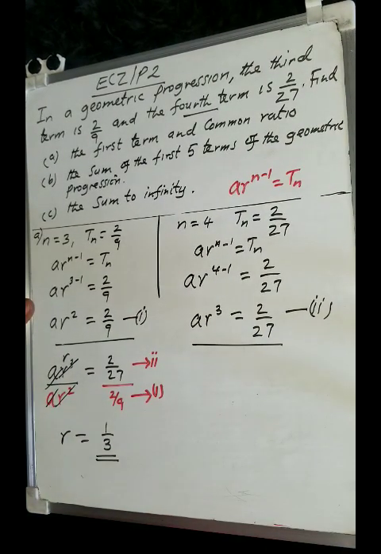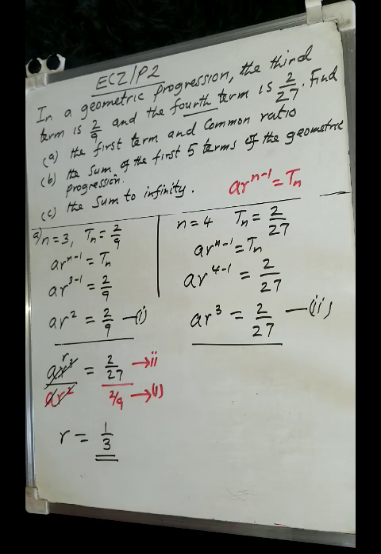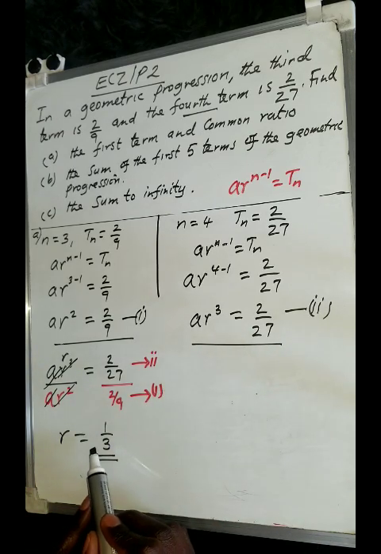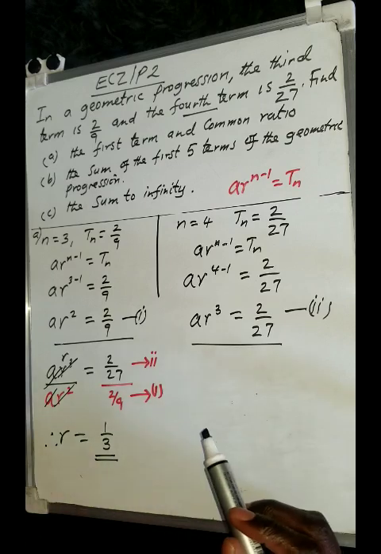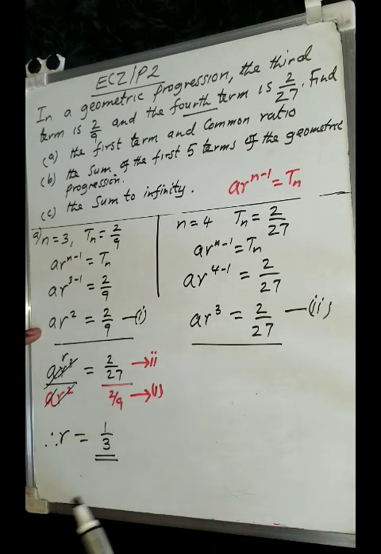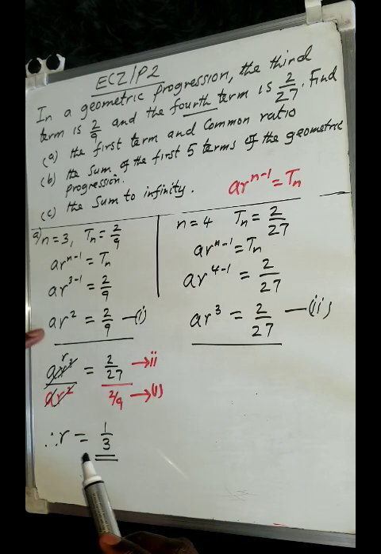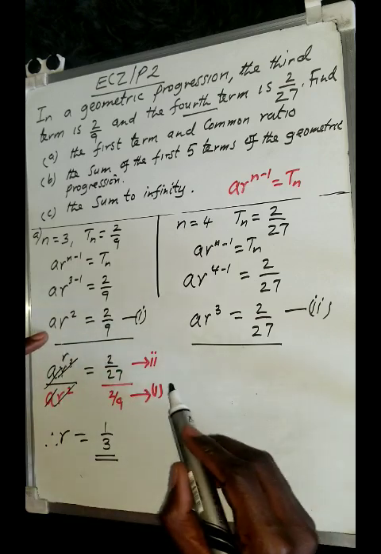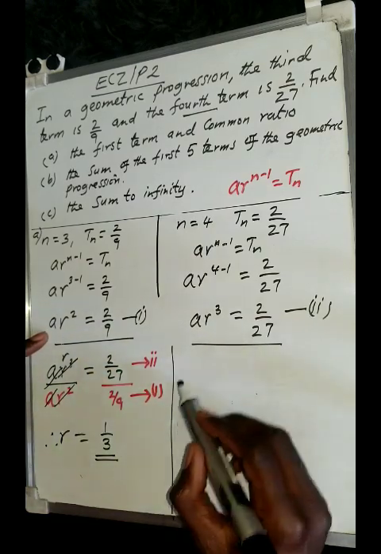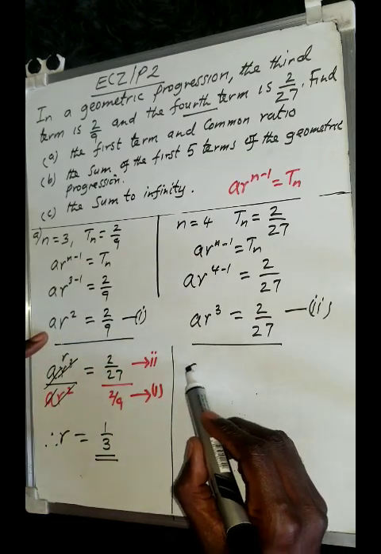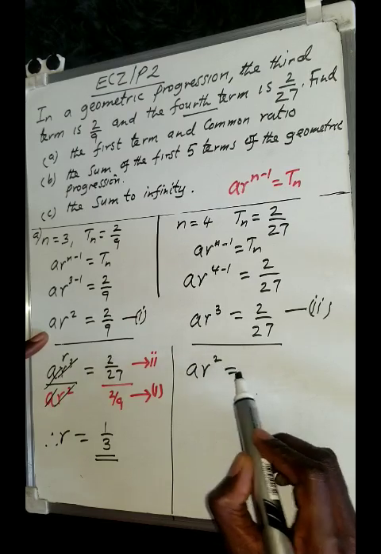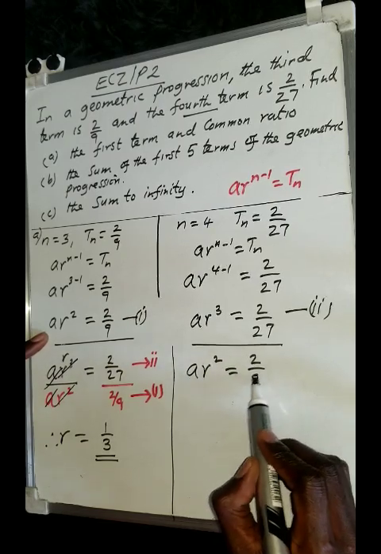So that's the way we can go about that. It's very simple, not complicated. Now once you find your common ratio, you can take any of the equations to find the first term. For example, I'll get the simplest one there, meaning it will be ar raised to the power 2 is equal to 2/9.